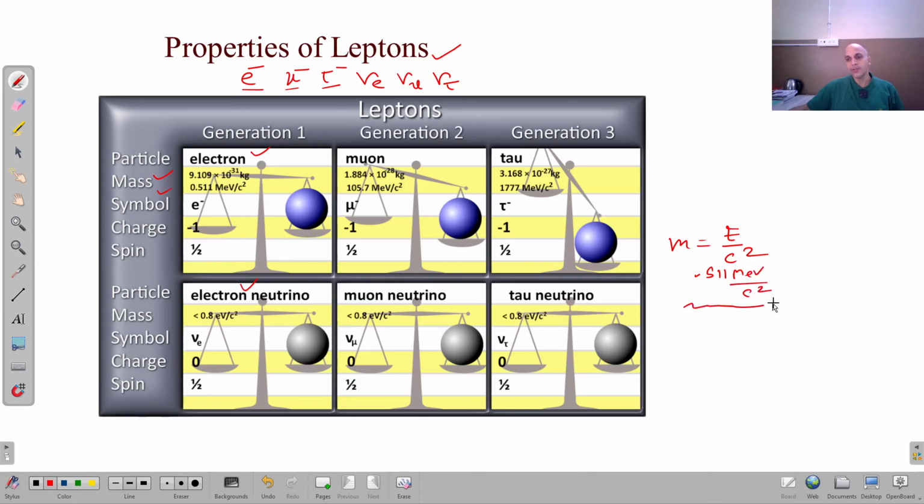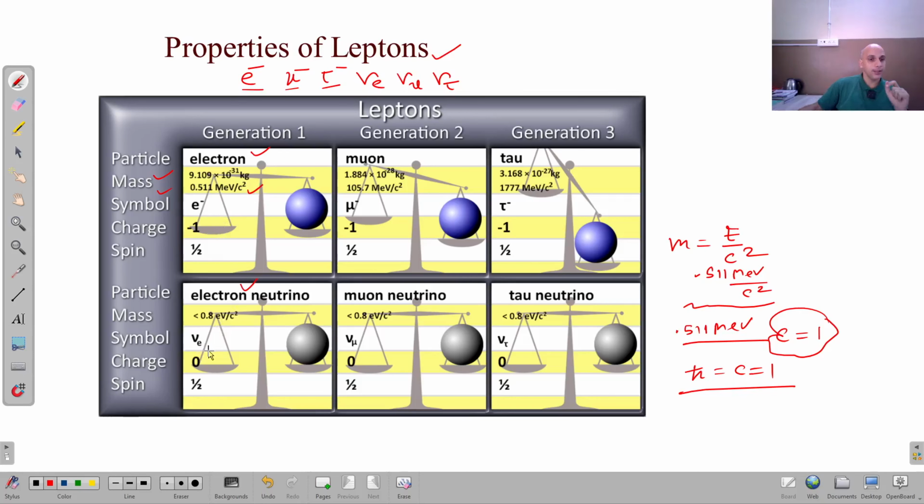In some books you may find this mass written as 0.511 mega electron volt. In that case, c is taken as 1, because in high energy physics we use the system of natural units where h cut is equal to c is equal to 1. So you may only find 0.511 mega electron volt, but here you can see c square is also present, right?